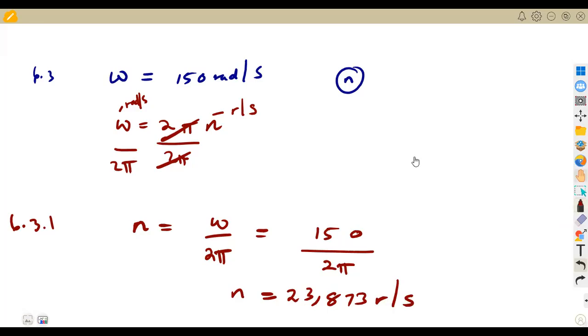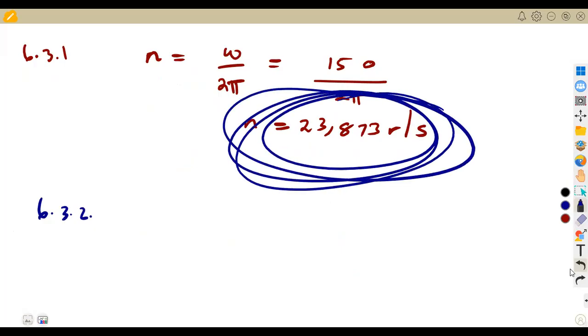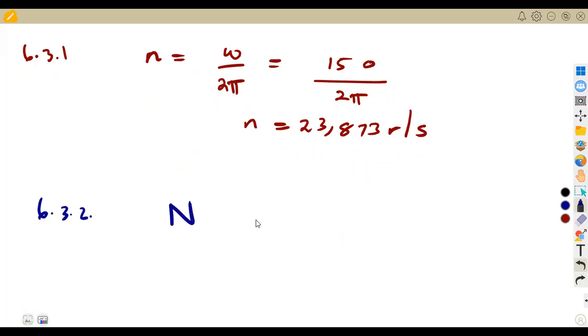Then on 6.32, they wanted us to have the same speed, but now in revolutions per minute. So it was just a conversion, because already you have this per second. How do you convert this to revs per minute? You just multiply by 60. If you multiply this by 60, we get revolutions per minute. Remember your conversions, guys.